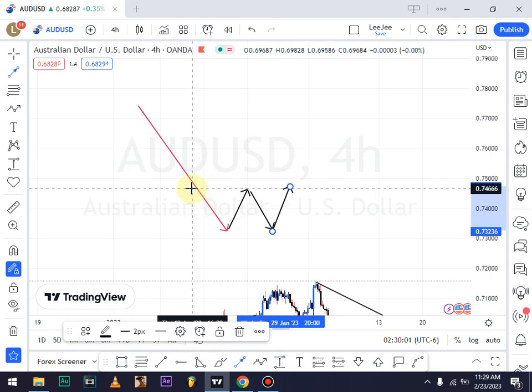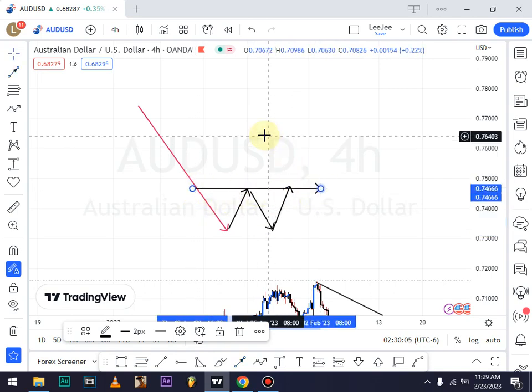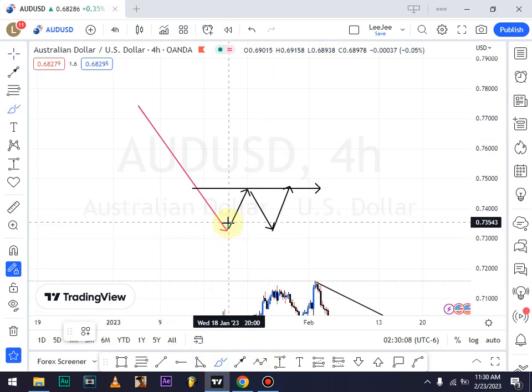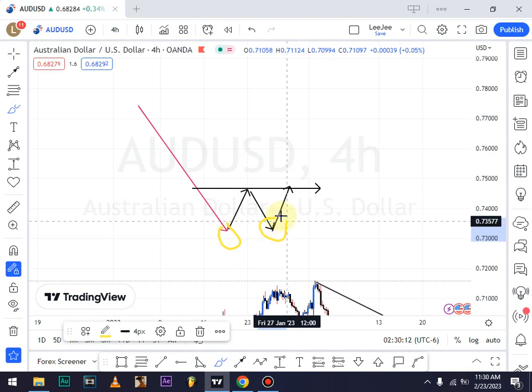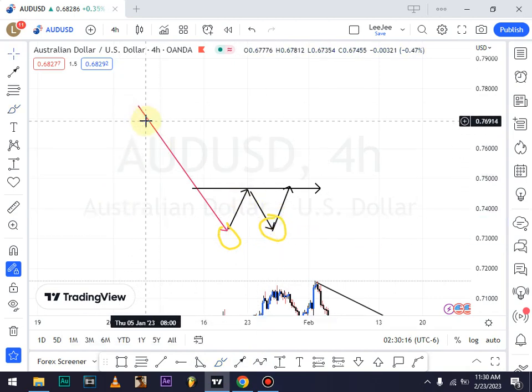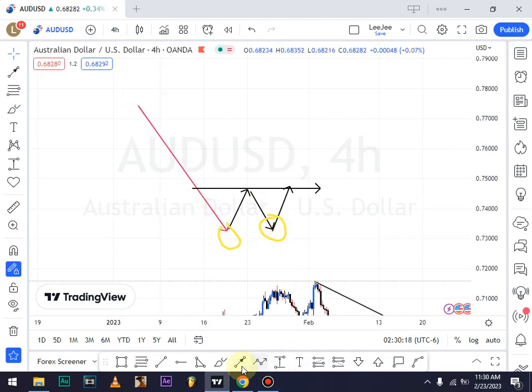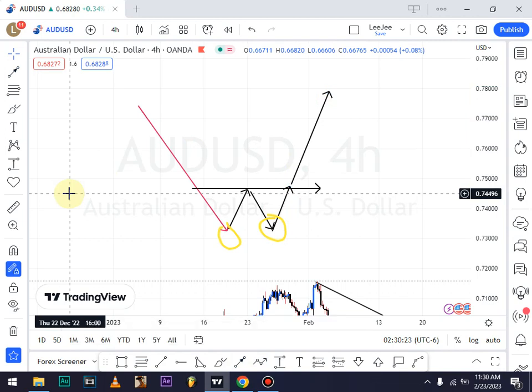When I draw this line, this is called the neckline. As you can see, this is now a double bottom. This is just a signal that the downtrend is coming to an end, and now price is ready to push back up.